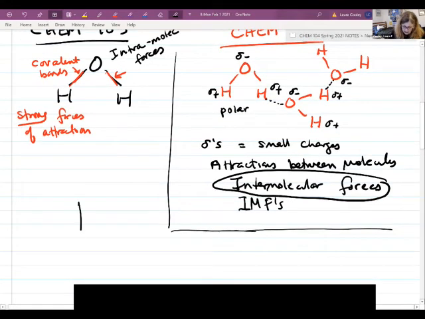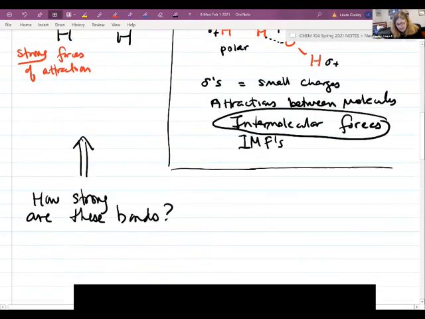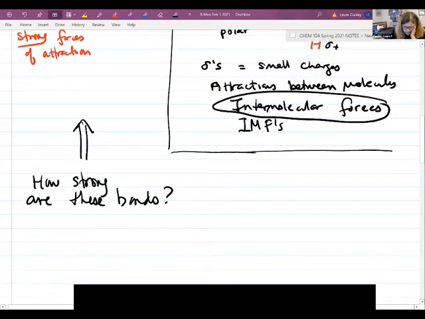For today, I want to take a look at water molecules, and consider how strong these bonds between the O's and the H's are.